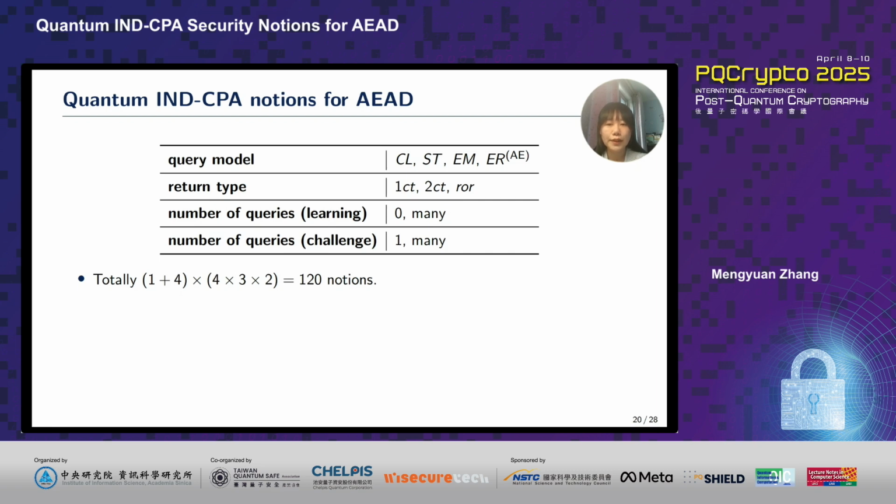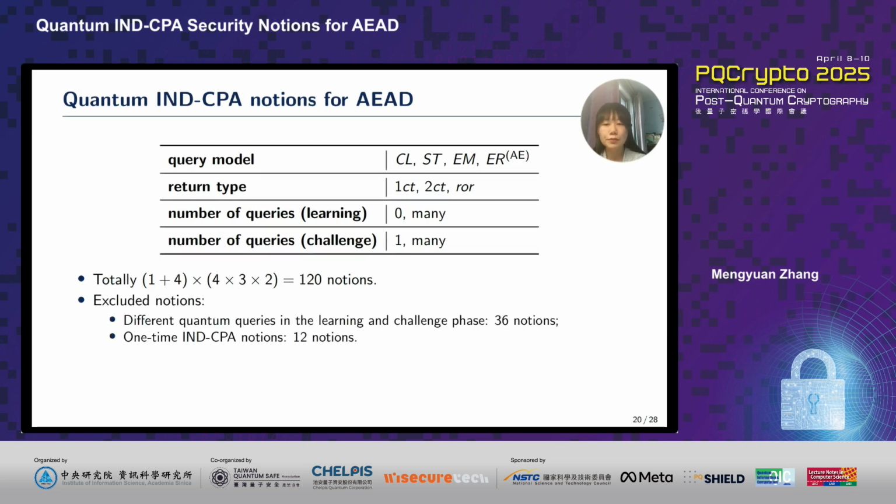The number of queries in the challenge phase could be 1 or many. So for the learning queries, we have 1 plus 4, 5 choices, where 1 corresponds to the case of no learning query. And for the challenge queries, we have 4 times 3 times 2 choices. Then we get 120 possible notions.